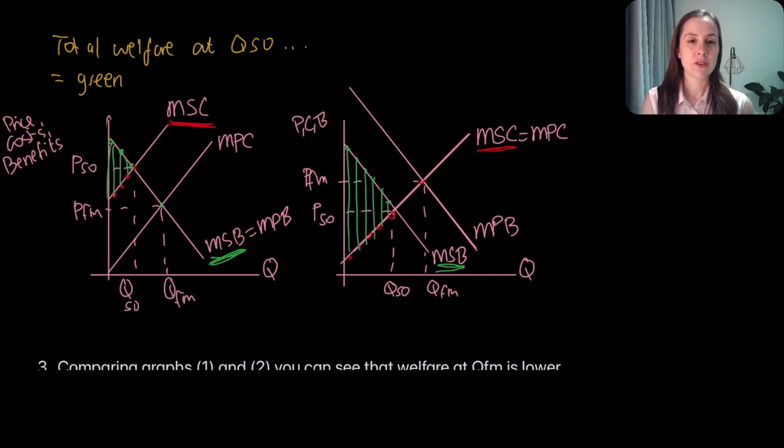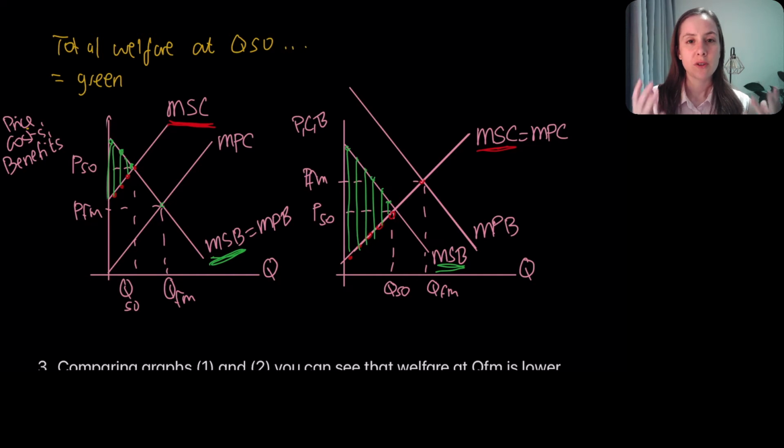For welfare at the social optimum, you'll see very quickly there are no red shaded in areas, indicating that welfare had been lost because the costs were higher than the benefits. If you look at QSO, all the units that QSO involved producing, like 1, 2, 3, 4, 5 up to QSO, all of those had social benefits higher than social costs.